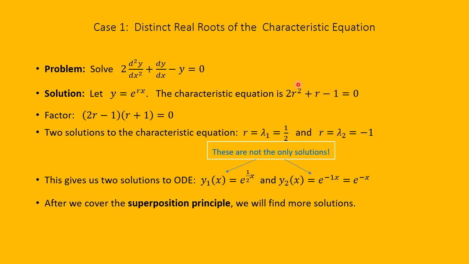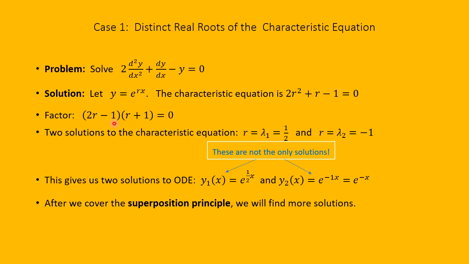Well, let's solve this equation. We have many ways to try solving this. We could try to factor it, or we could use the quadratic formula. In this case, it factors pretty easily, into 2r minus 1 times r plus 1, which has to equal 0.